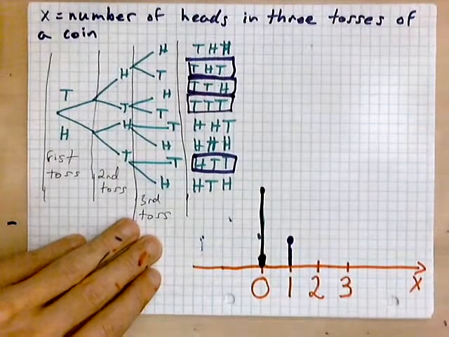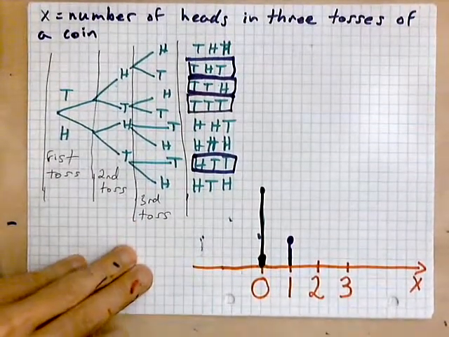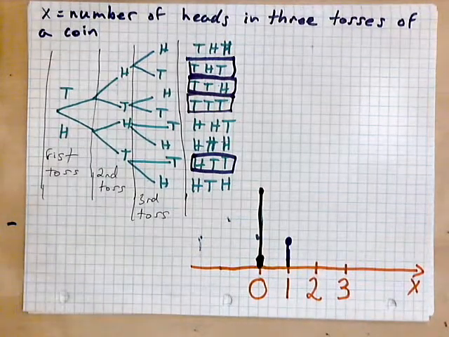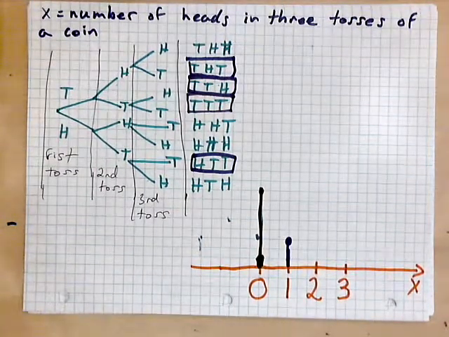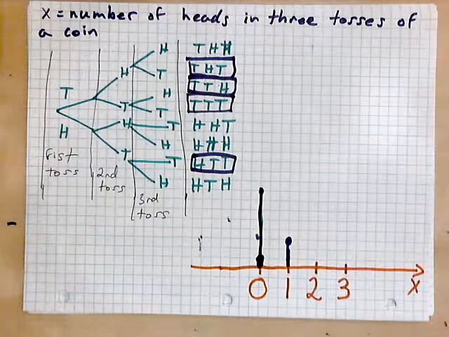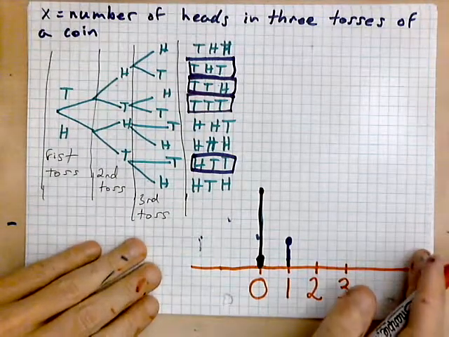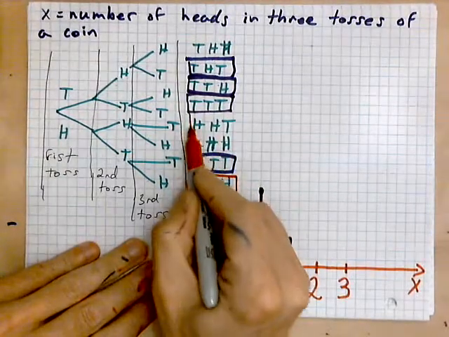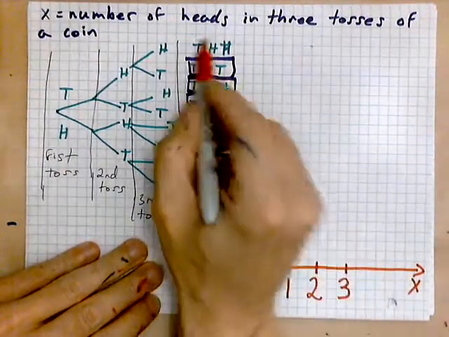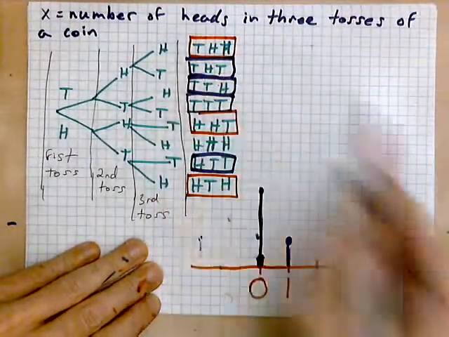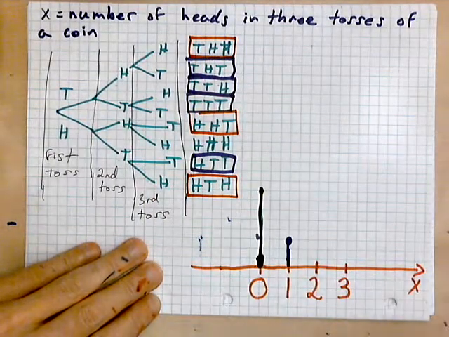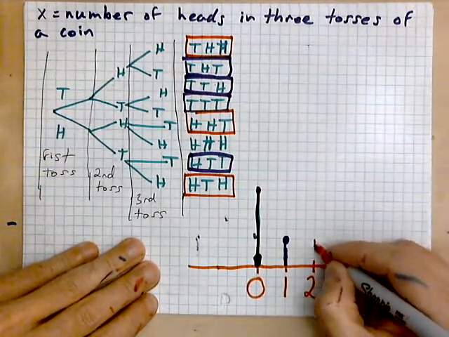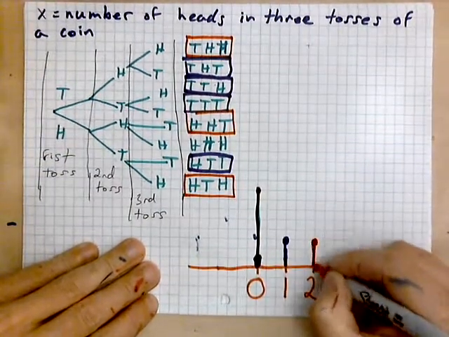Now, what about the number of ways to get 2 heads in 3 tosses of a coin? Let me choose a different marker. Red this time. So 2 heads in 3 tosses of a coin. That's a possibility. That is a possibility. And that is a possibility. So we see that this occurs in 3 out of 8 ways. So once again, we mark 3 out of 8.